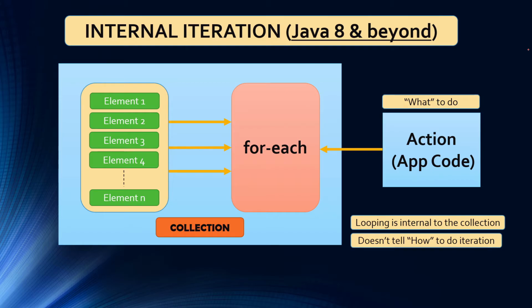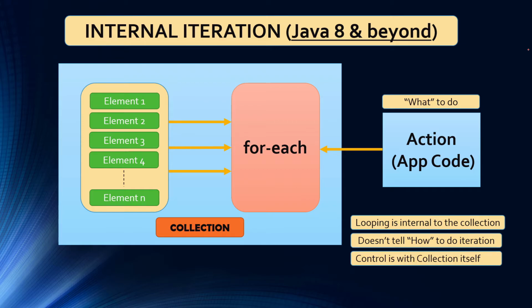Instead, it is the collection's forEach method which gets to decide how to do the iteration. What that means is we as developers are only defining the action, and we tell the collection's forEach method what we want to do with each element in the collection, and it is left to the implementation of the forEach method to decide how to iterate.